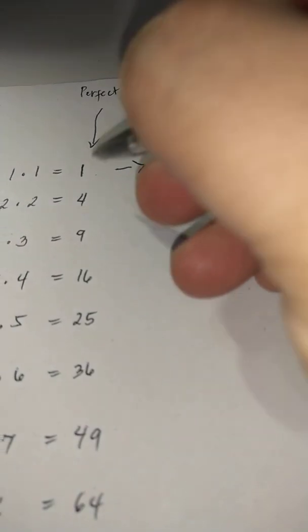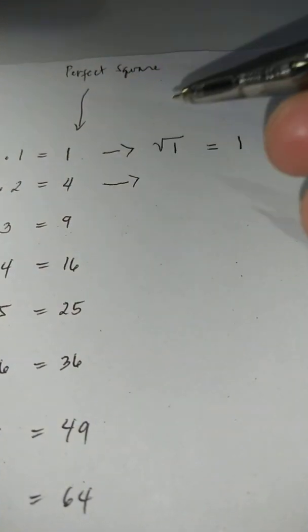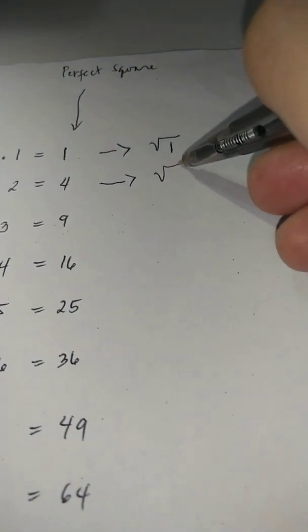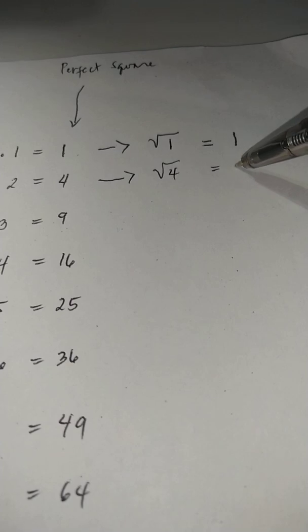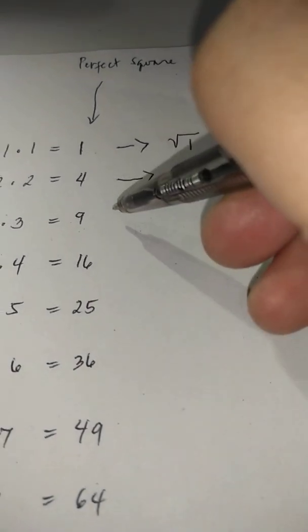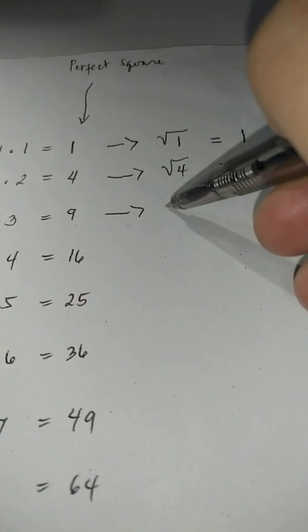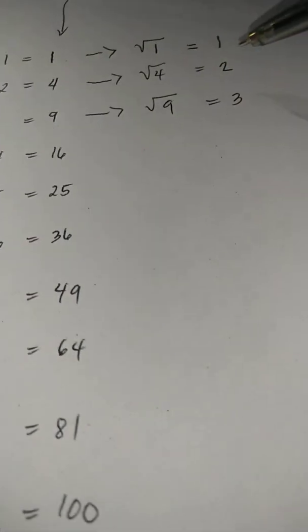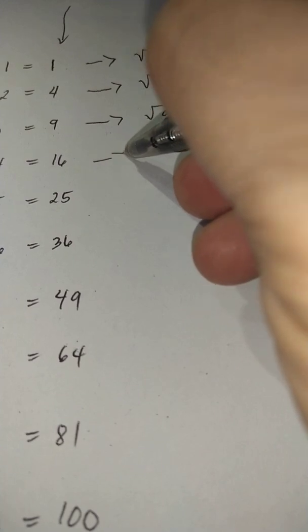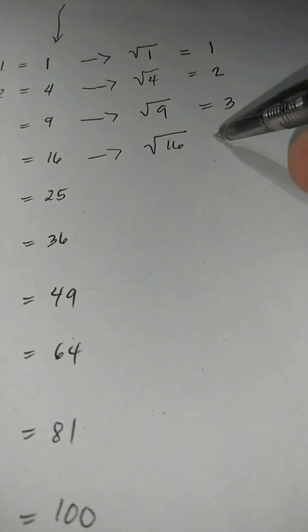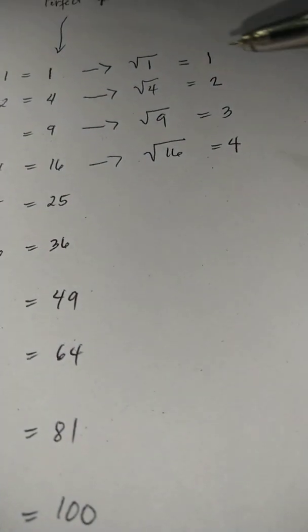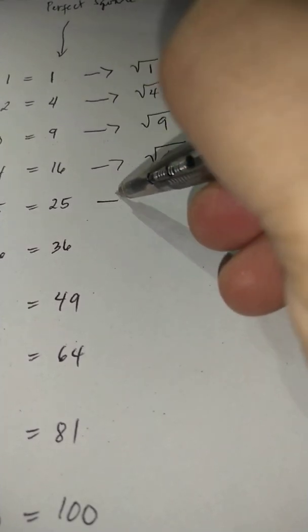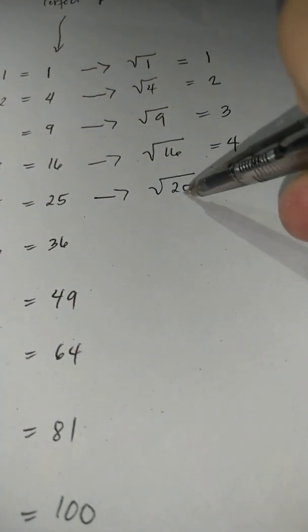Now, going back here, what is the square root of 4? That is 2. What is the square root of 9? That is 3. What is the square root of 16? That is 4. What is the square root of 25?